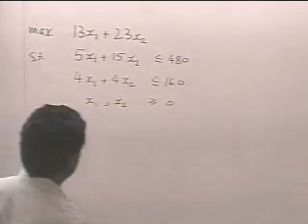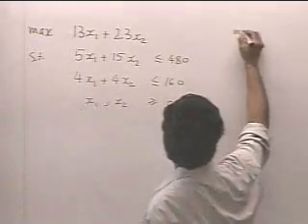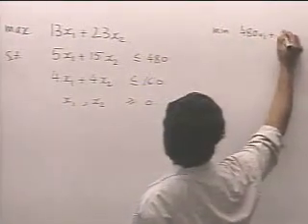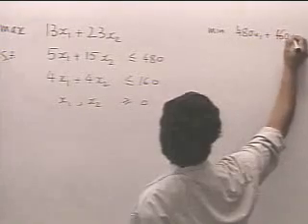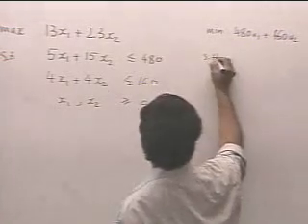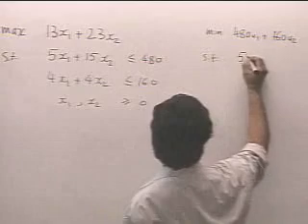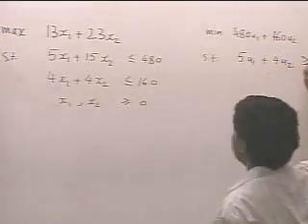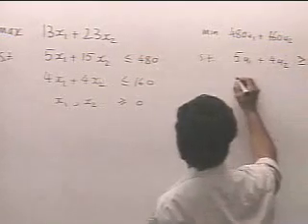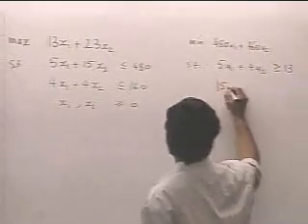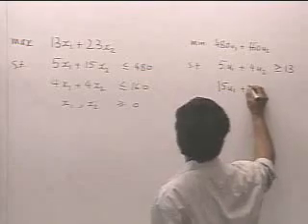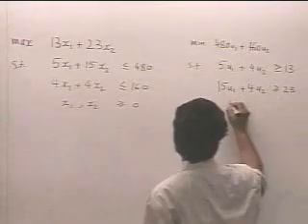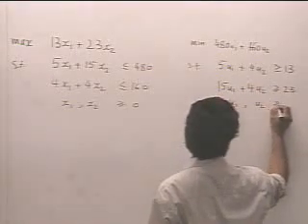And its dual is going to be: minimize 480 times u1 plus 160 times u2 such that 5 times u1 plus 4 times u2 is greater than or equal to 13, 15 times u1 plus 4 times u2 is greater than or equal to 23, and u1, u2 greater than or equal to 0.